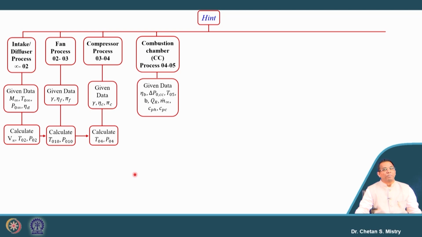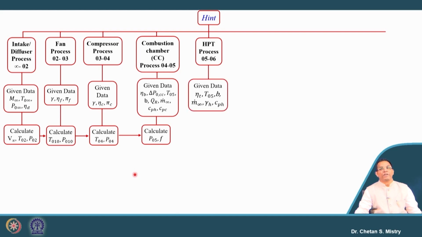Then we have our combustion chamber. For this combustion chamber, the efficiency is given, total pressure loss is given, and turbine entry temperature is given. You are given the bleed, so be careful here. You are also given the calorific value of the fuel. Based on that, we can calculate the fuel air ratio and the exit pressure.